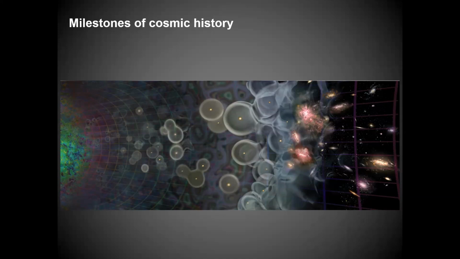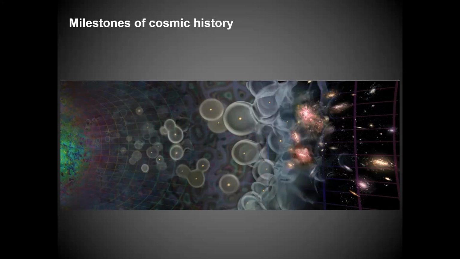This whole process takes around 1 billion years out of the 13.7 billion years that the universe has evolved. So today we are here on the right-hand side somewhere, and the universe is 13.7 billion years old. And all the intergalactic gas is actually hot and ionized. There is no neutral hydrogen left.